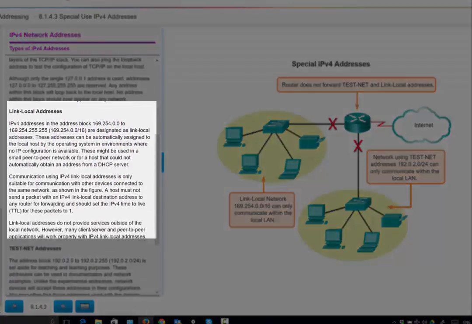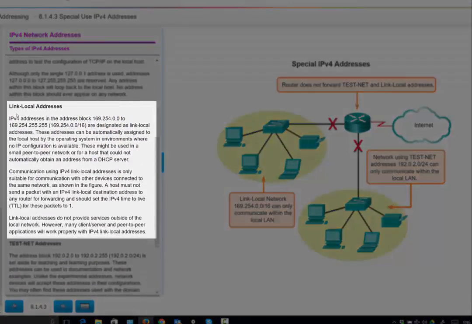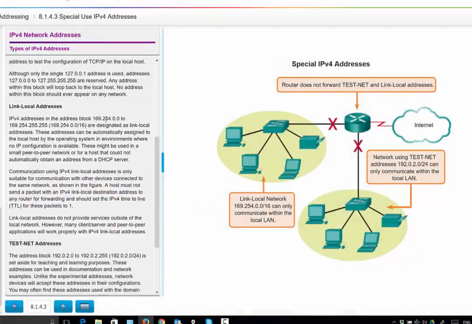There is another special category of addresses, which we call link local addresses. The link local addresses are a range of IP addresses that starts from 169.254.anything. The link local address is a special class of IP addresses which is set dynamically by the operating system.